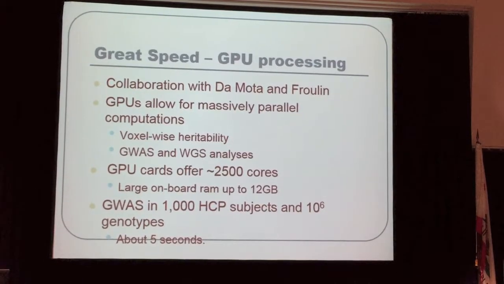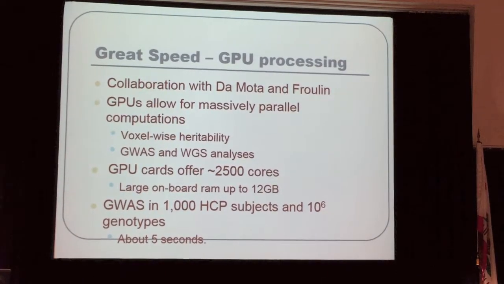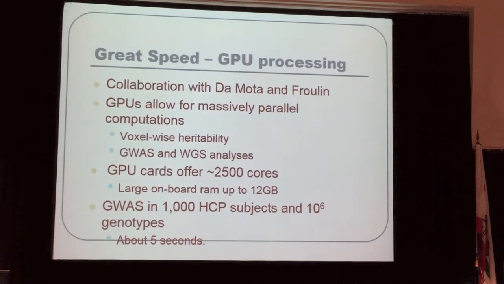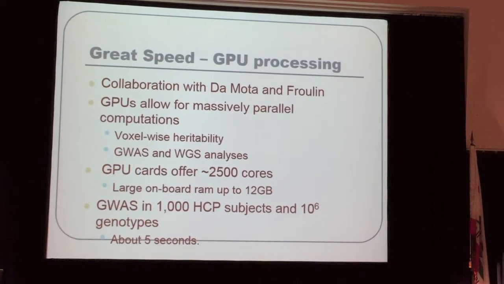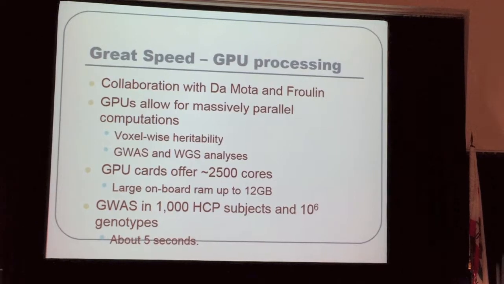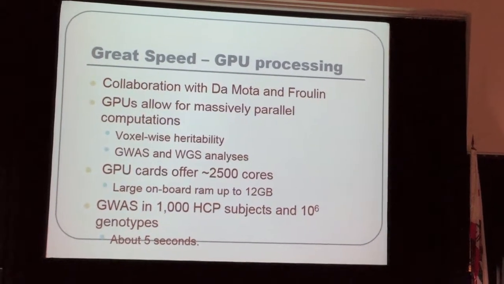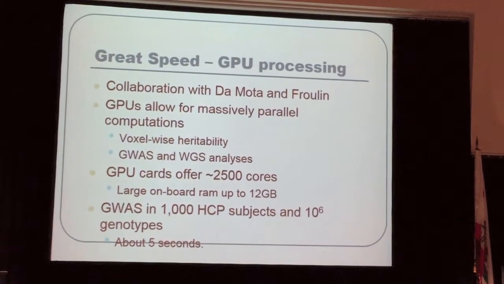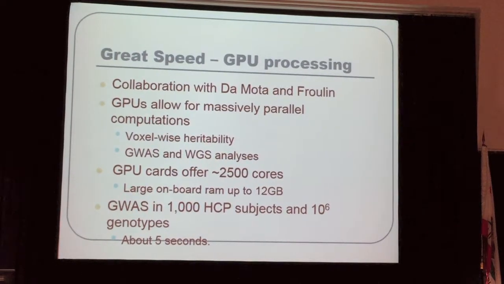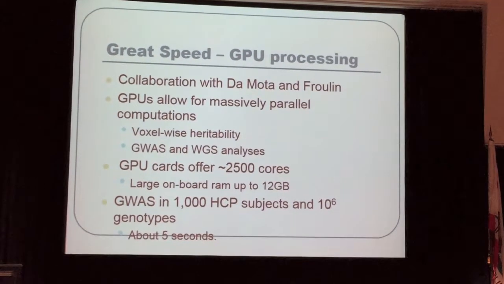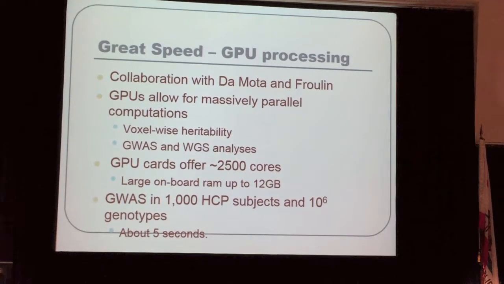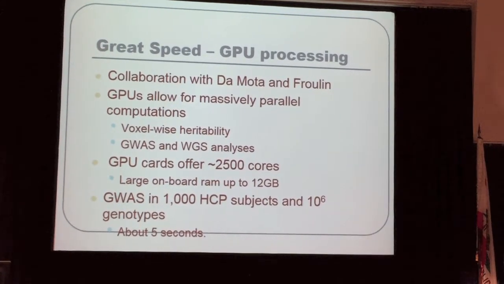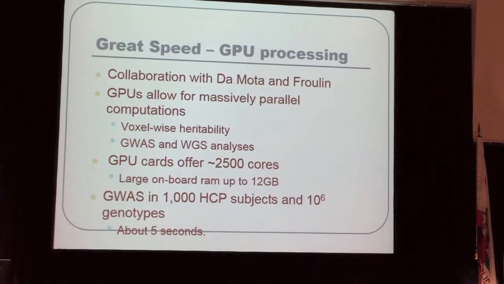GPUs allow for massively parallel computation capabilities, such as voxel-wise heritabilities, or GWAS, or whole genome sequencing analysis. A typical $2,000 GPU card now offers up to 2,500 parallel processing cores, as well as a large amount of onboard RAM, up to 12 gigabytes of dedicated onboard RAM.